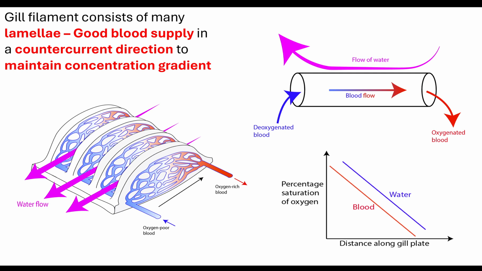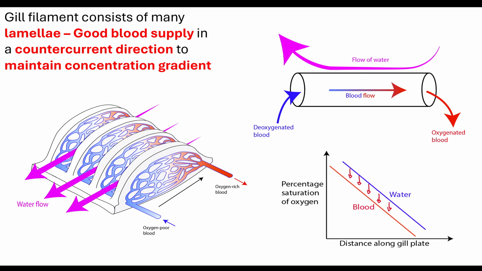So if we have a look at the percentage saturation of oxygen in the blood compared to water all the way along the gill plate, what we will see is that the water concentration is always greater than the blood the further along we go through the gill plate.